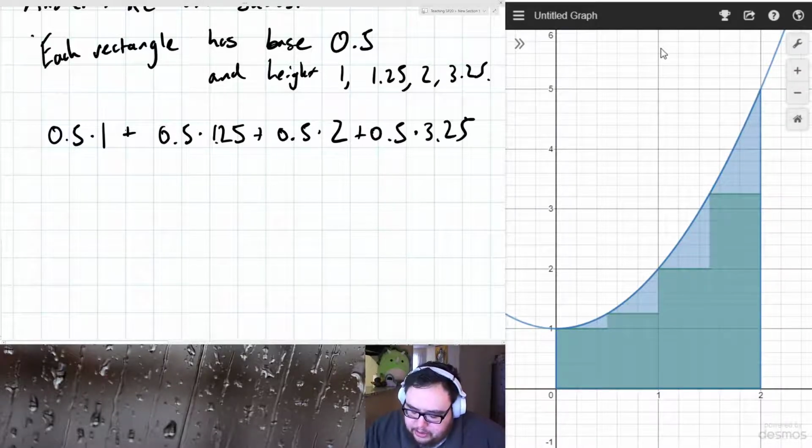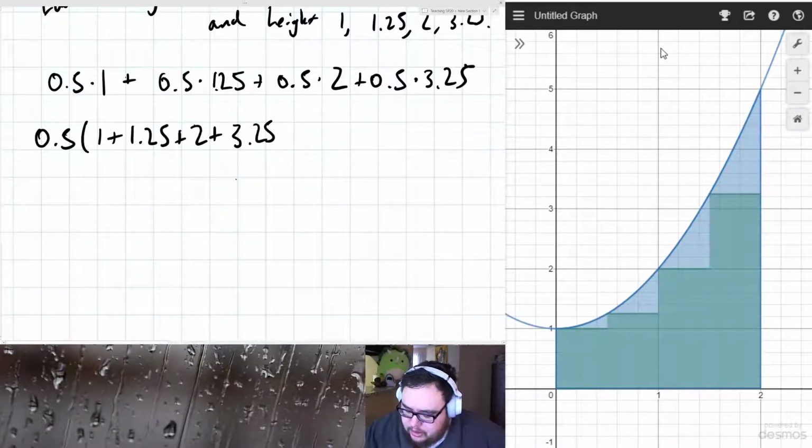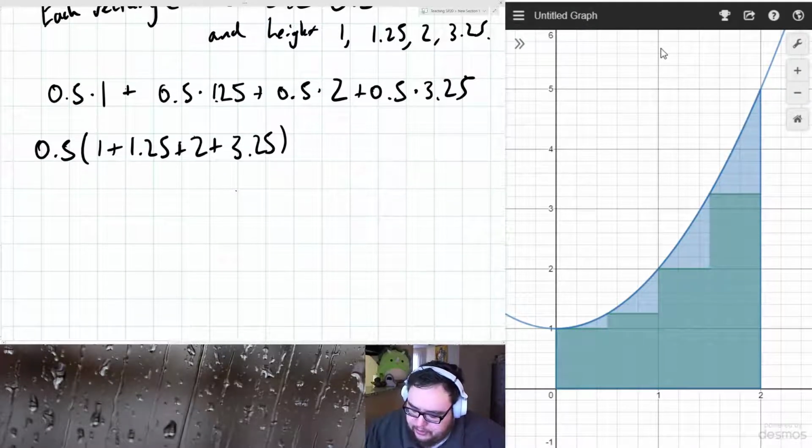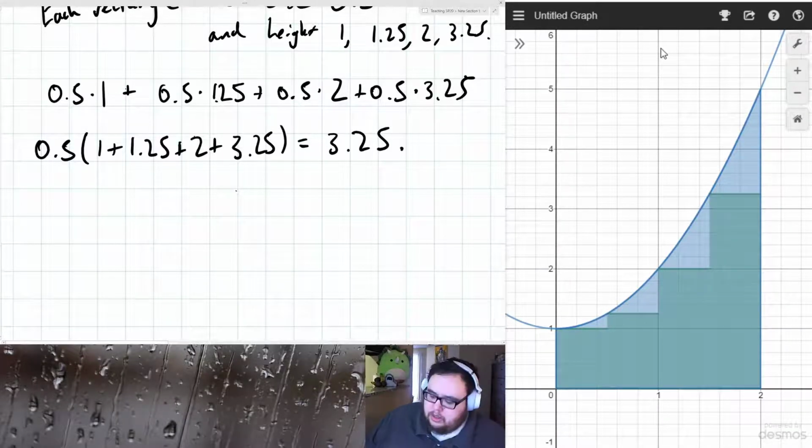We can actually factor out the 0.5, add it up, and then multiply by the 1/2 afterwards. And that gives us an area of 7.5 times a half, so 3.25. Sorry, 3.75.